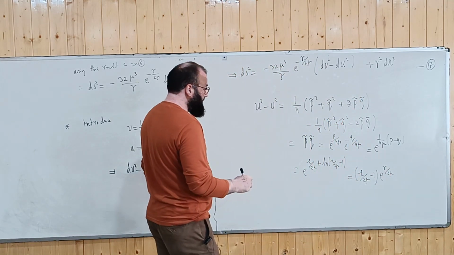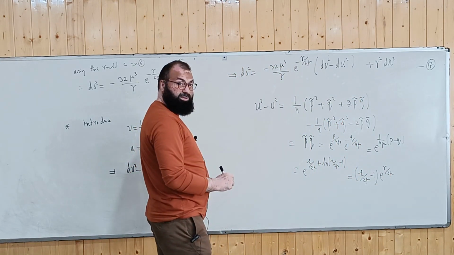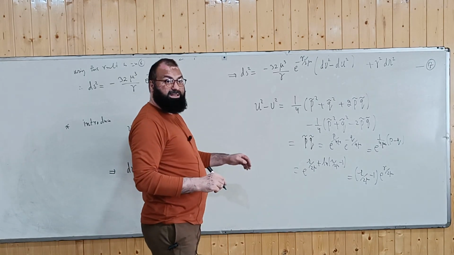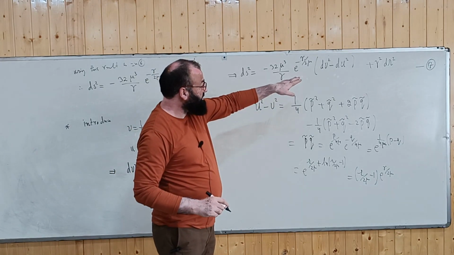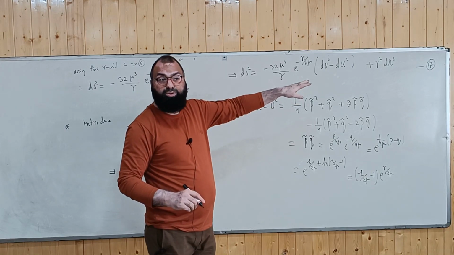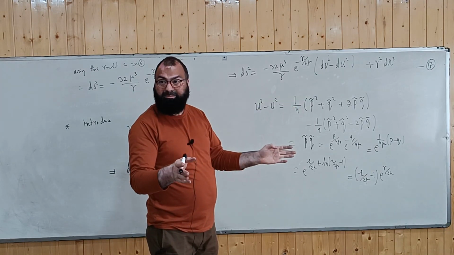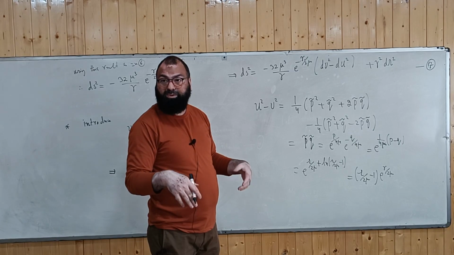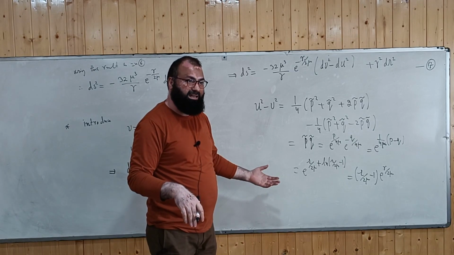This is a very important formula, u square minus v square. This will help, because where is the trajectory now? Our trajectory is in the uv plane instead of the tr plane. That's why we need to figure out what kind of trajectories are allowed.